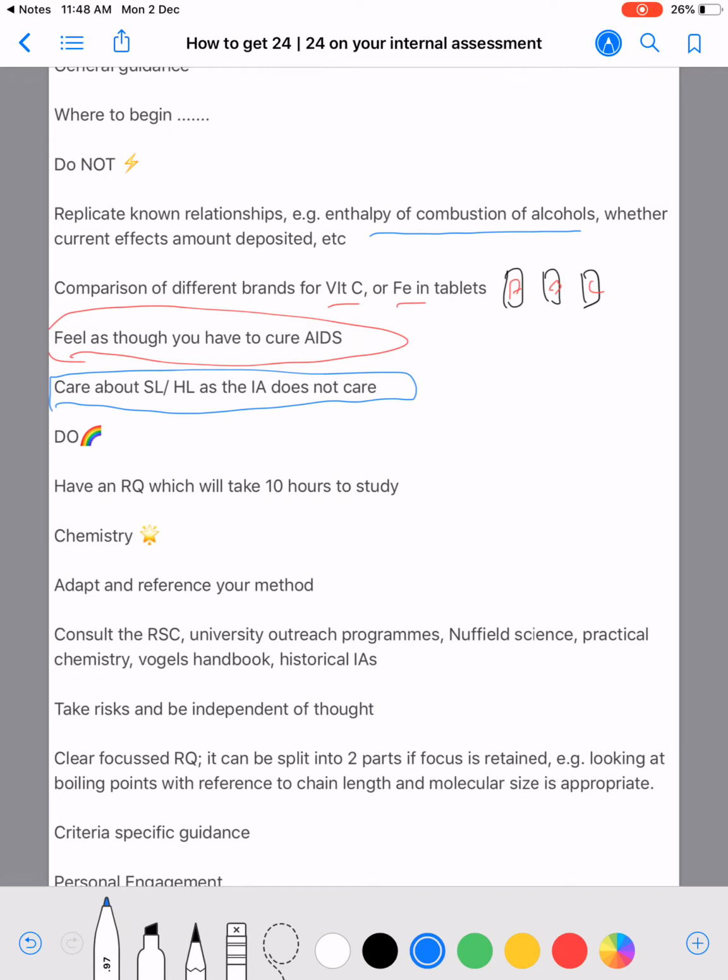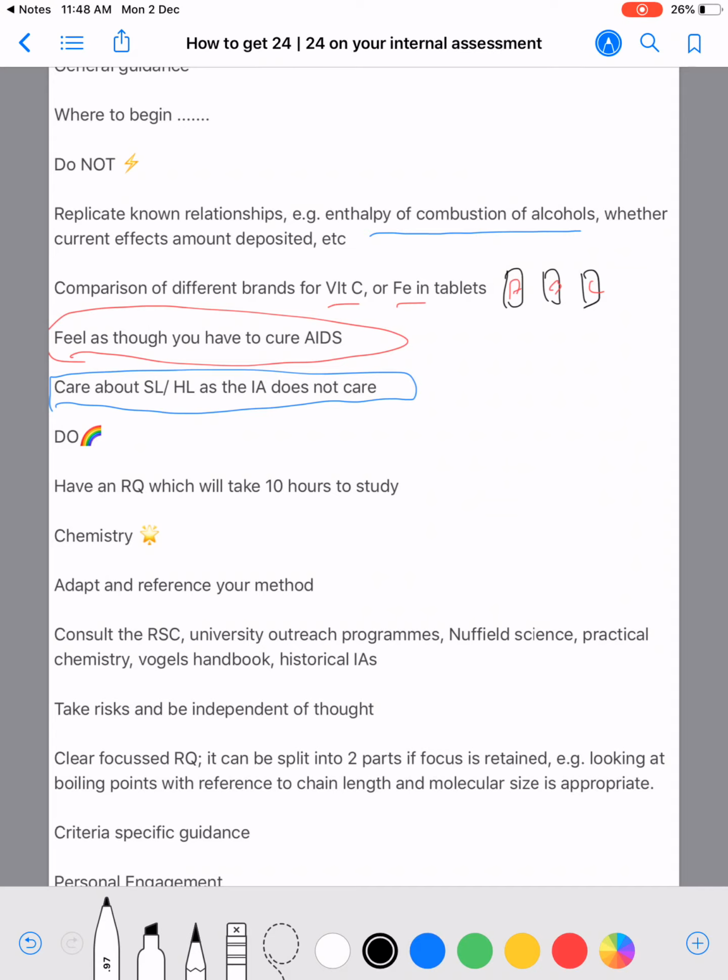The IA and the IB as a consequence don't really care about that. There is no difference in the descriptors for both levels. As a counterpoint to that, though, if you're an SL student, there's no harm in doing some higher level material, because that certainly shows that you are engaged, and that's going to help on personal engagement. That is the only caveat I would add to that.